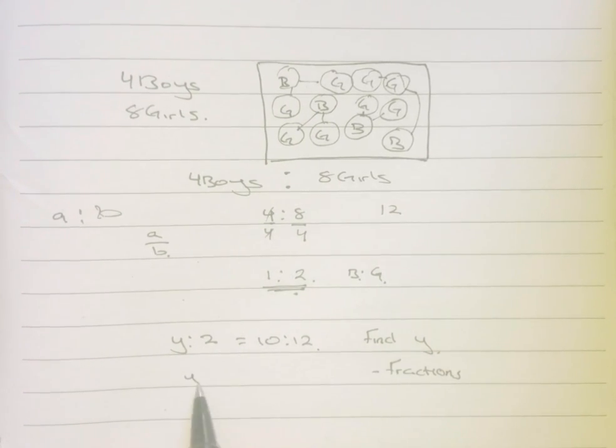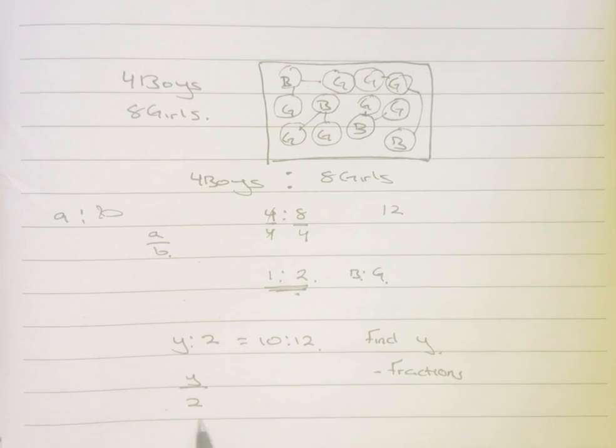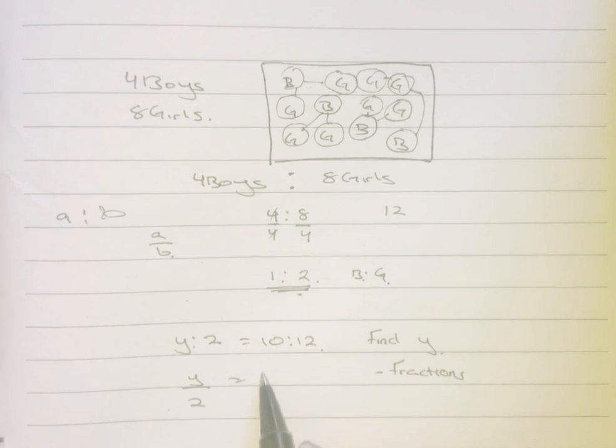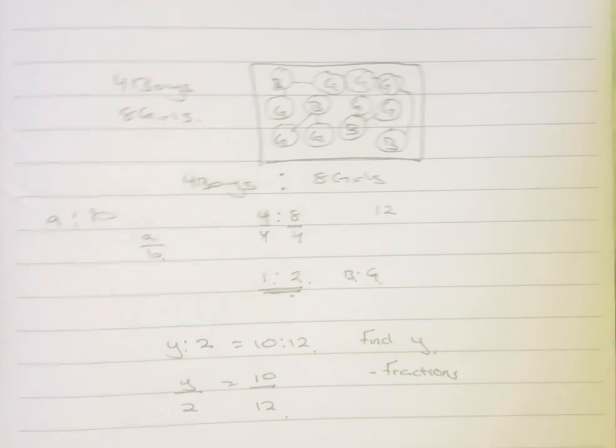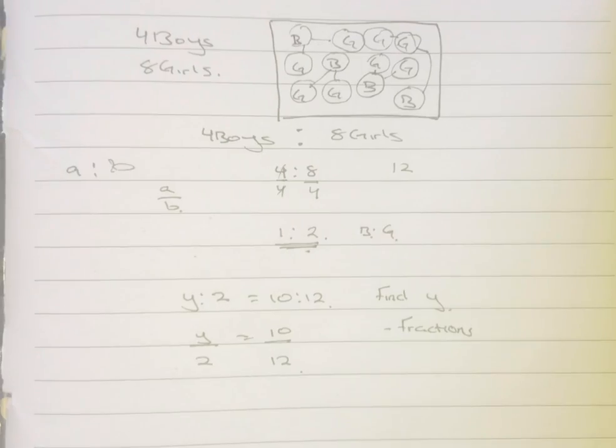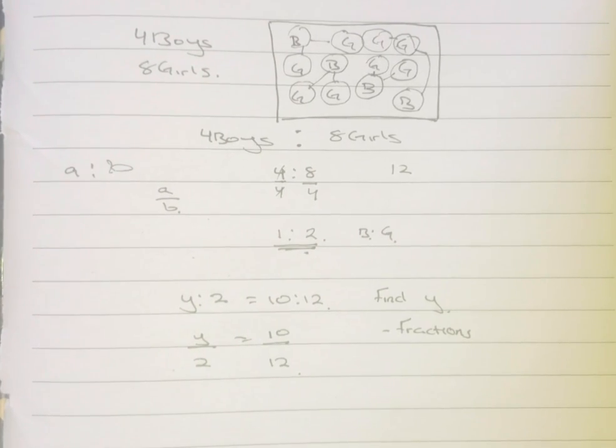So now you have y over 2. The ratio sign becomes over and the second number goes below. 10 over 12. Does that remind you of something? If you have watched my previous video, then you must be thinking of equivalent fractions. Yes, you're absolutely right. It's the same as equivalent fractions.